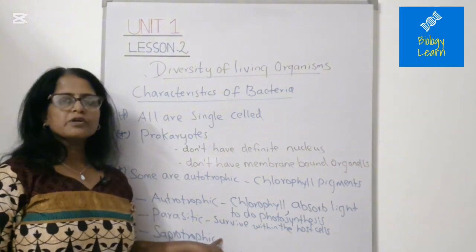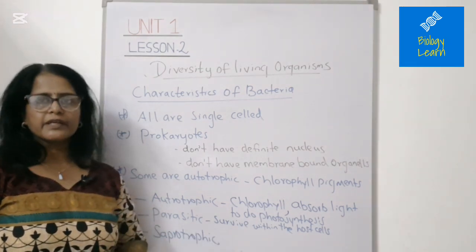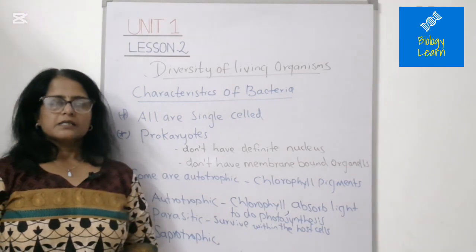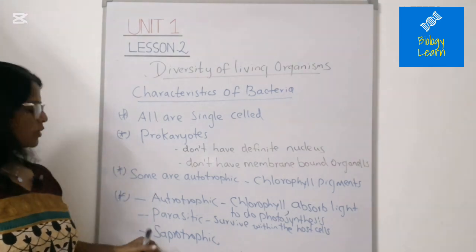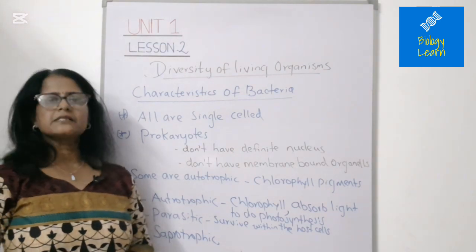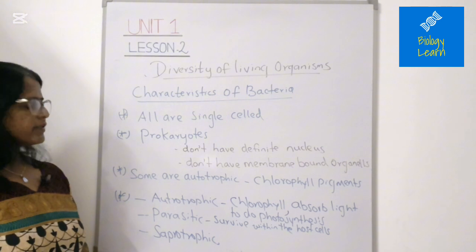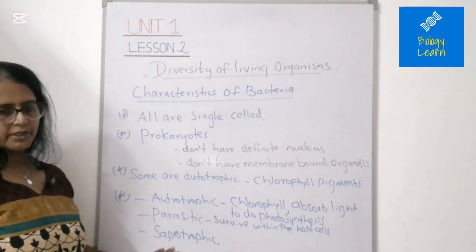What is saprotrophic nutrition? Most of the bacteria have saprotrophic nutrition. These secrete extracellular enzymes on dead organic matter. They do extracellular digestion, and finally absorb the digested products to get their nutrition.